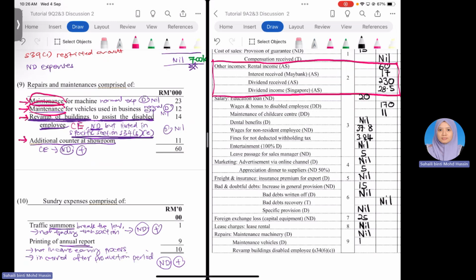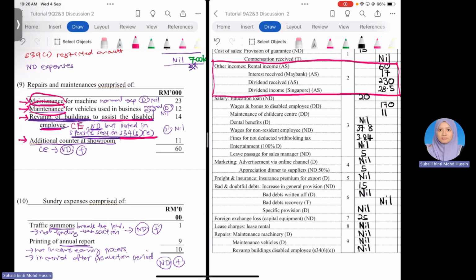However, when the company revamps the building to assist the disabled staff, the government allows a deduction under a specific section, section 34 sub 6 sub E. It's not a double deduction, it's a single deduction, which means the amount that you already deducted in SOCI, 14,000 ringgit, is allowed for deduction. So no further adjustment is needed.